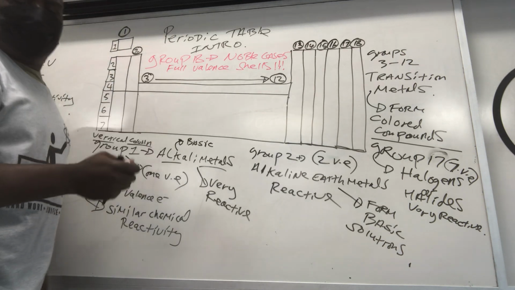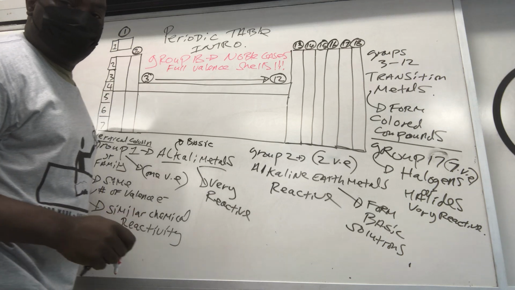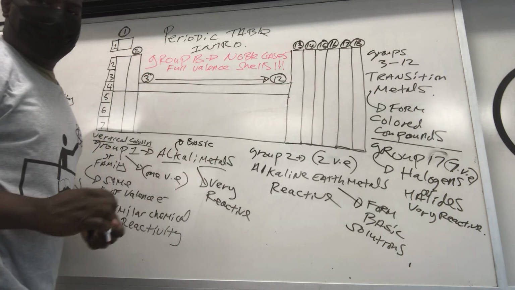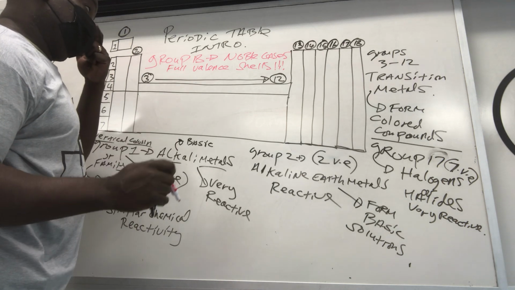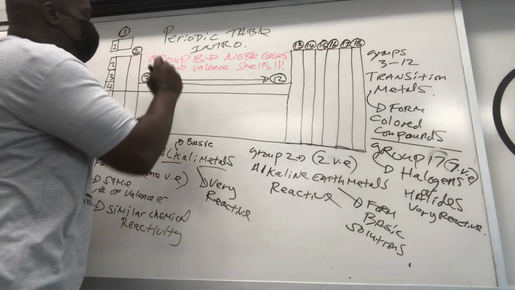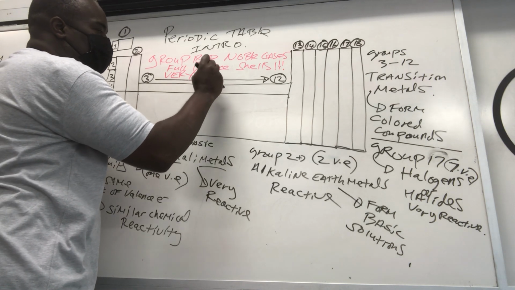Many of the elements in the periodic table are trying to get to a noble gas configuration. They want that full valence shell, just like the elements in group 18. So based on the fact that they have a full valence shell, they're extremely unreactive.